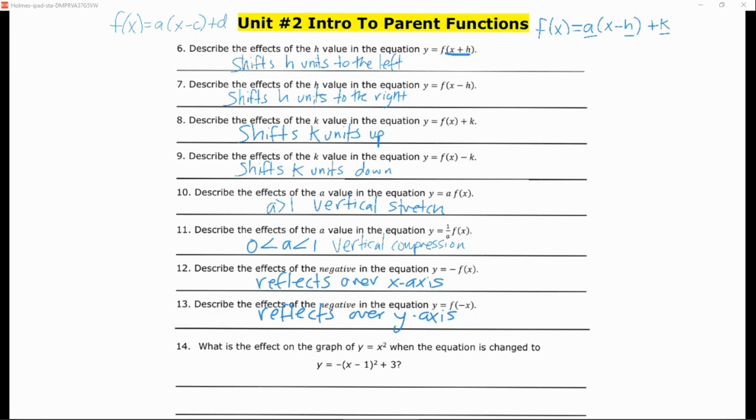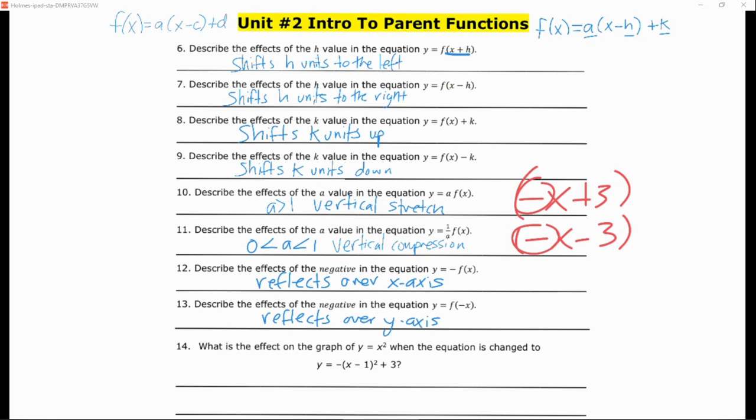But I wanted to include it here just because I think I brushed it and I talked about it with some of my classes, but not all of my classes. But if you do see that scenario where it's a negative x inside the parentheses, maybe it's like negative x plus 3 or negative x minus 3, this negative in front is going to flip it over the y-axis. We're not going to talk about that very much, at least not this year. You'll talk about it in pre-cal if you take pre-cal.